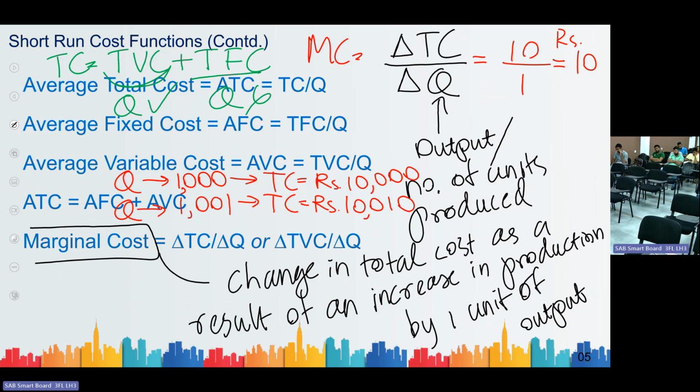So rather than computing delta TC divided by delta Q to calculate MC, we also can calculate marginal cost by dividing the change in total variable cost by the change in output.